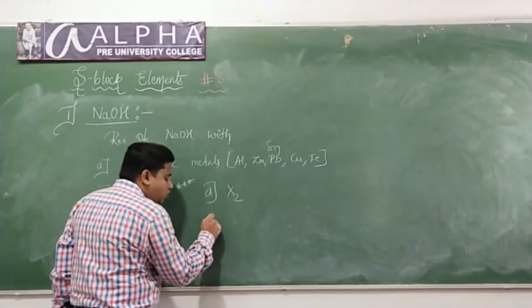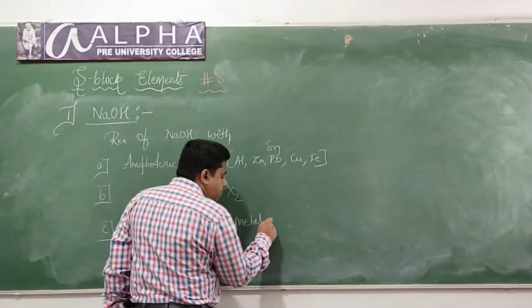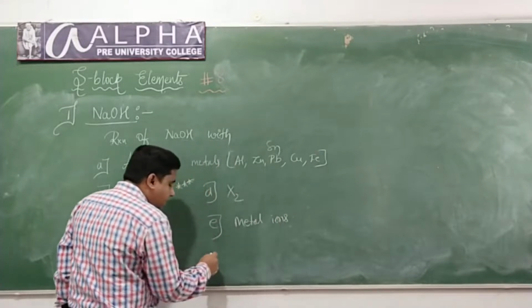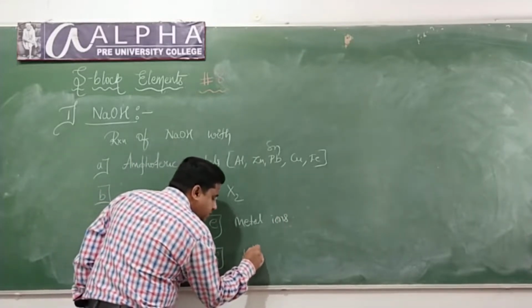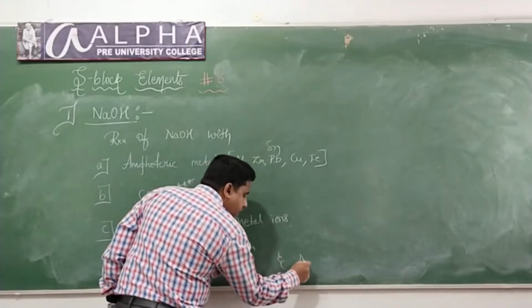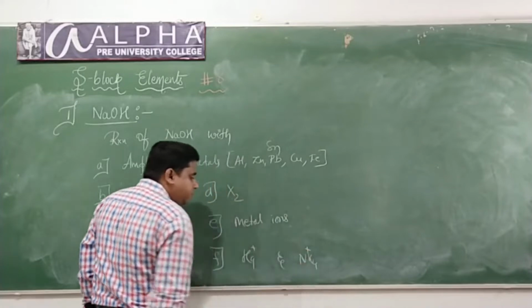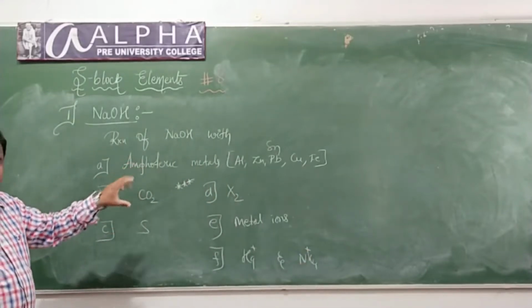Reaction of sodium hydroxide with metal ions, and lastly reaction of sodium hydroxide with Hg2 plus, Hg plus and NH4 plus. So we have to understand all these chemical properties.